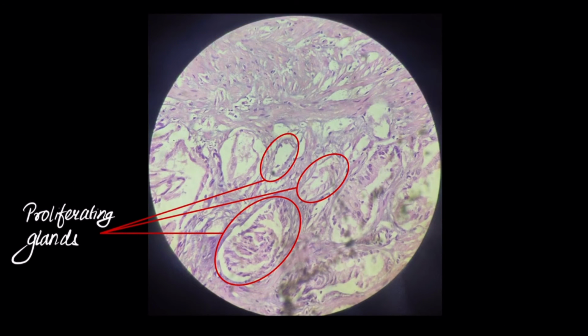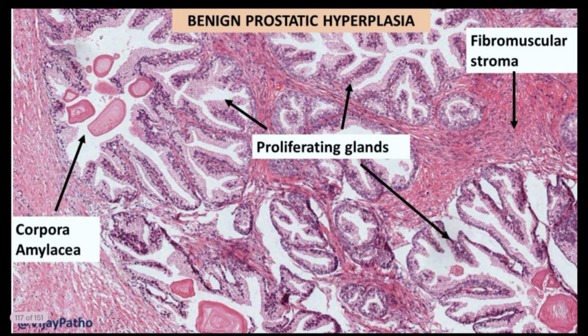So I said that in benign prostatic hyperplasia, there is abnormal growth of prostate gland. This occurs due to increased dihydrotestosterone, and there is increased number of cells in the prostate gland. As a result, you will find lots of glands that are proliferating, formation of new glands. There are three major microscopic features of benign prostatic hyperplasia.